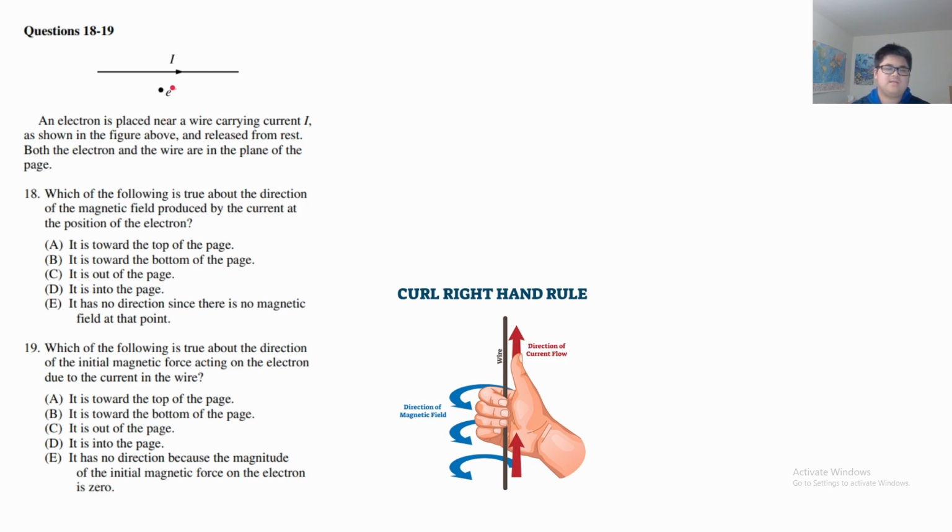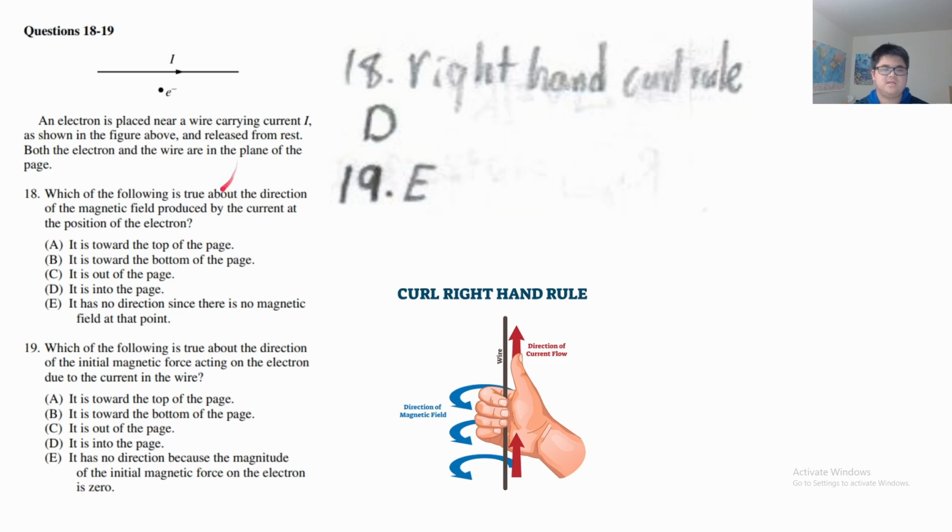So the magnetic field produced by the current at this position would be, sorry, not down. It would be into the page. So the answer to question 18 is D.